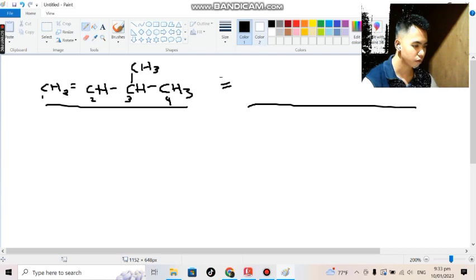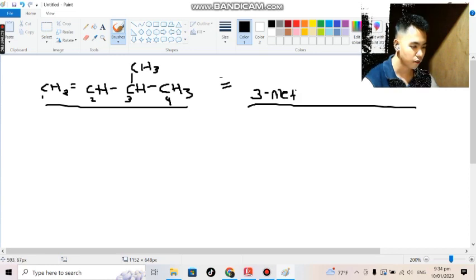Okay, sorry for the delay. So we will begin constructing. This is 3 because this prefix or the substituent is located in the third carbon. So 3 hyphen methyl because this is only 1 carbon.